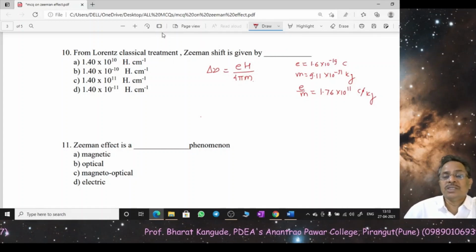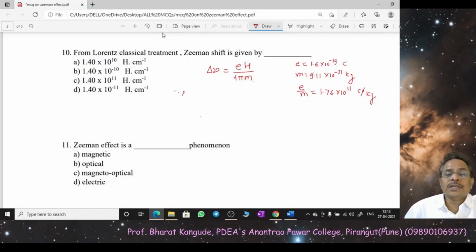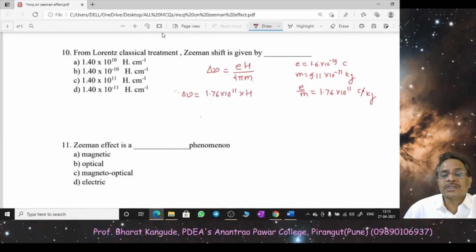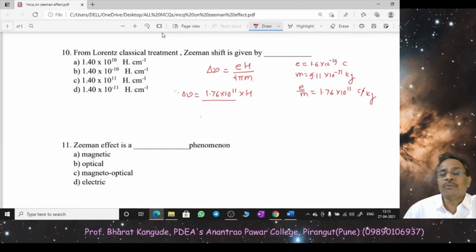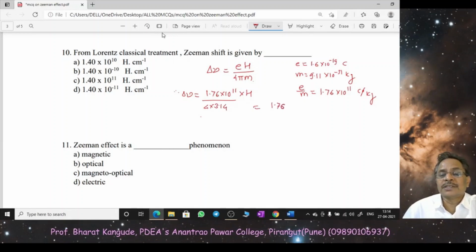So we just have to divide this number e by m by 4 pi, and therefore this delta nu, or Zeeman shift, is given by 1.76 into 10 raised to 11 into this capital H divided by the value of 4 pi, which is 4 into 3.14.